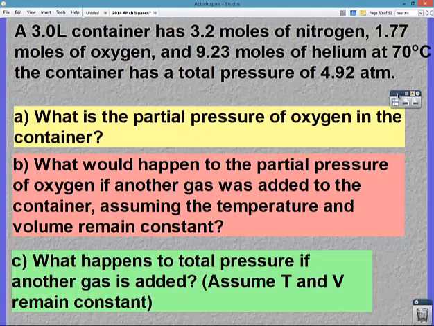Alright, so the first thing we've got to do is figure out our mole fraction of oxygen because it didn't give it to us. So we know that we have 1.77 moles of oxygen over total moles. We add these up. That's 14.2.